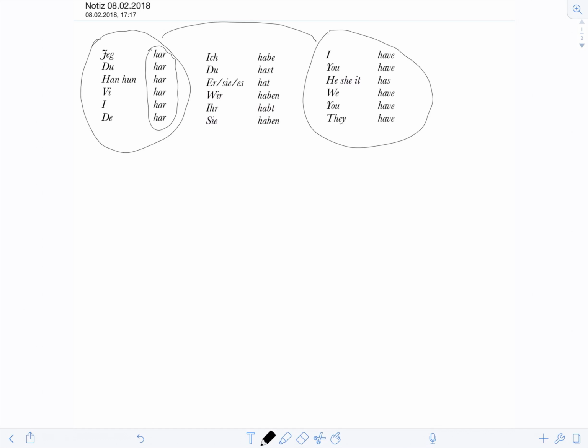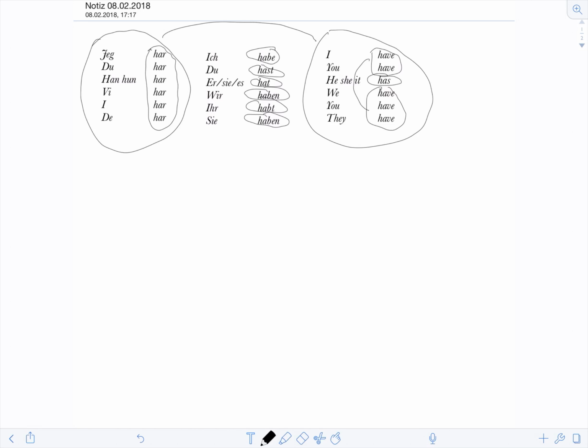That's a lot easier to remember than it is to remember 5 different inflections in German, as well as remember when to use the different inflections. So, even if a Dane doesn't know how to inflect have in English, he's still able to at least get it right 5 out of 6 times if he remembers that have is the most common inflection.